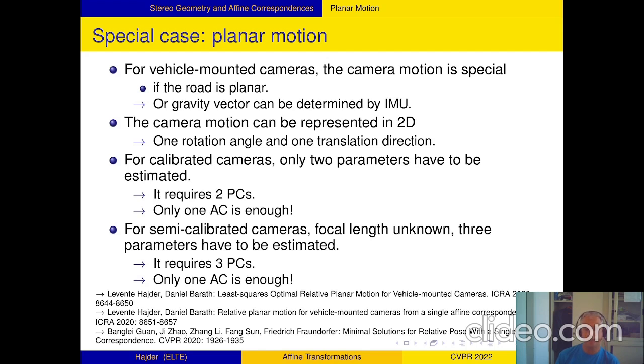As the number of unknown parameters for the planar motion is 2, the 3 equations give an overdetermined case. We have 1 additional parameter which can be estimated, and we show that if the focal length of the camera is not known, it can also be estimated from a single affine correspondence.